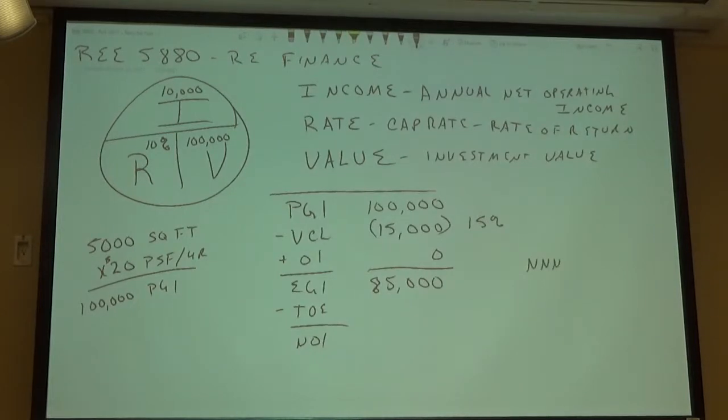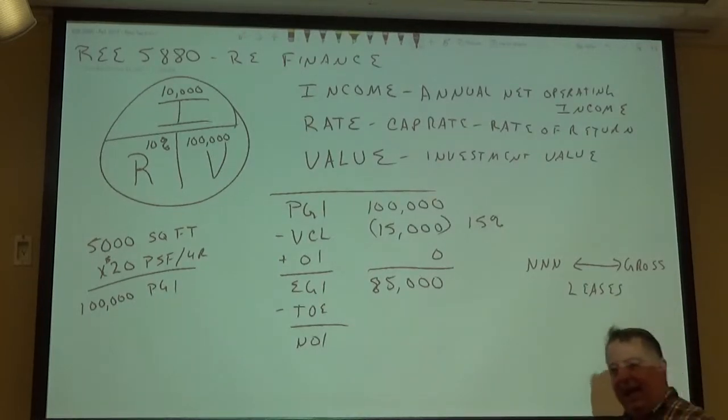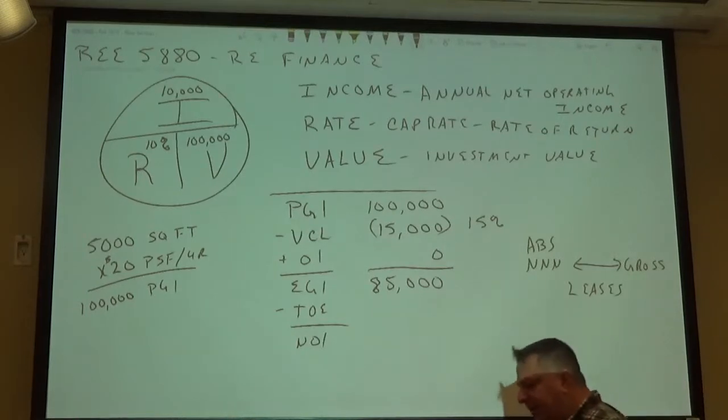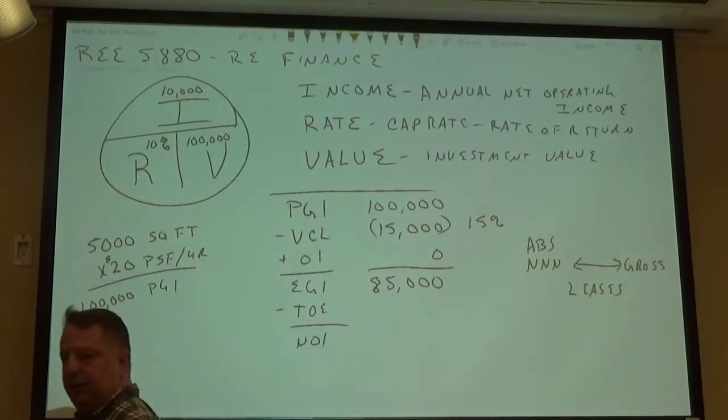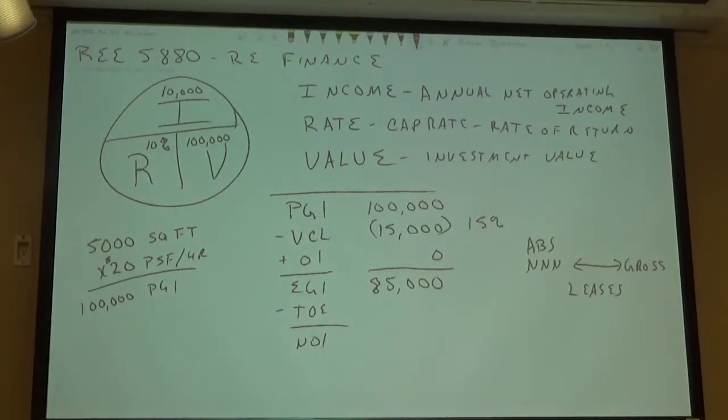We can have a triple net lease on one end of the spectrum, and a gross lease on the other end. Under a triple net, and I'm going to go so far as to call it an absolute triple net lease, this is where the tenant pays for every single possible imaginable expense with the property.